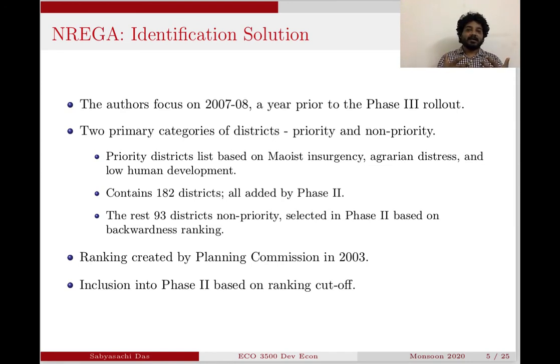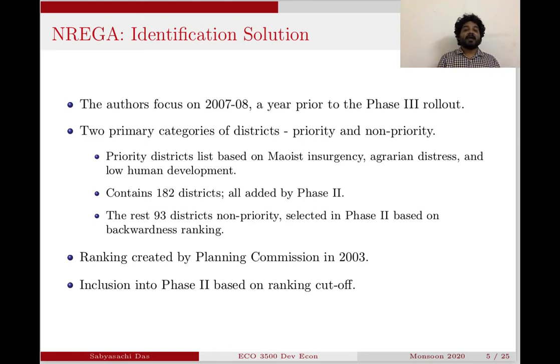Basically the government and the Planning Commission at that time looked at which districts are under Maoist insurgency, which are under agricultural distress, and they had a score for low human development. Okay, and there were 182 such districts.